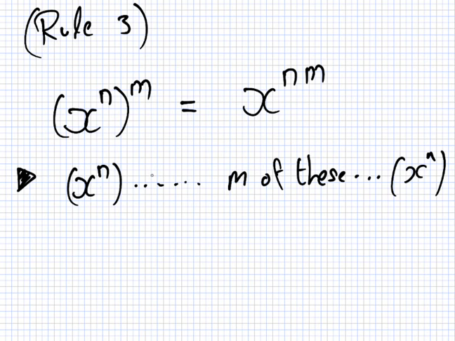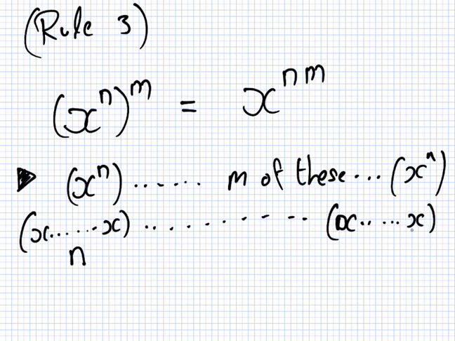And then inside each of these x^n's, how many x's are there? There's n of them. So there's n in each of these. And then how many of these do I have? M of them. So I have, in other words, n plus n again, plus n again, and so on. And how many of these?